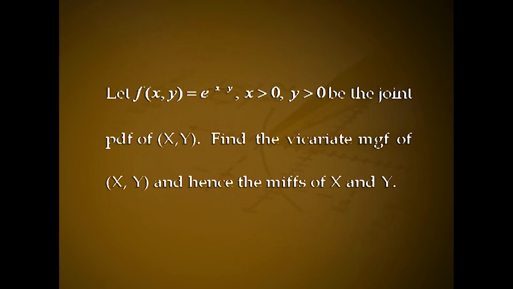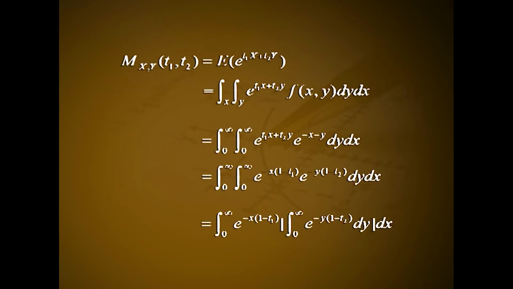Problem 2. Let f(x, y) equal to e^(-x-y) for x greater than 0, y greater than 0 be the joint PDF of (X, Y). Find the bivariate MGF of (X, Y) and hence the MGF of X and Y. Solution.